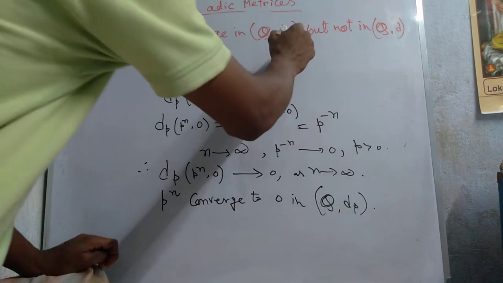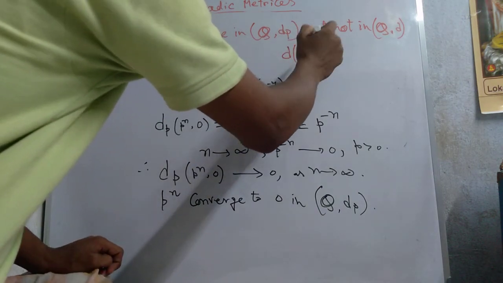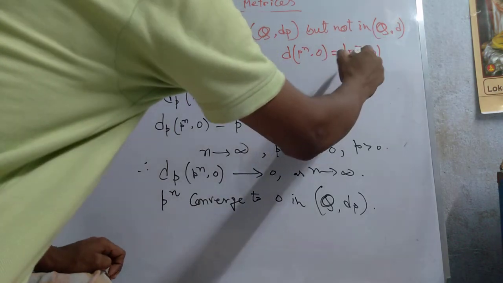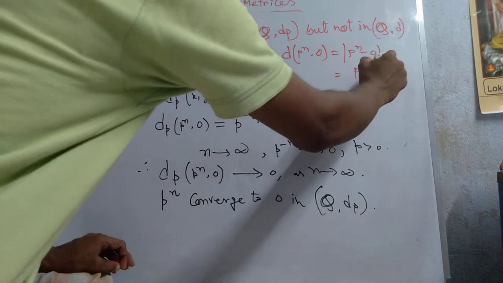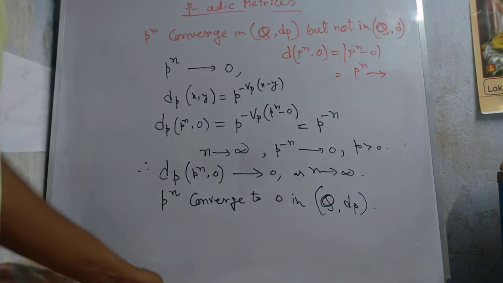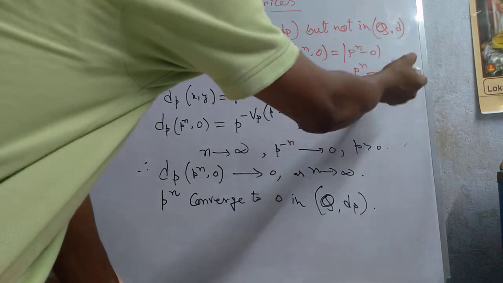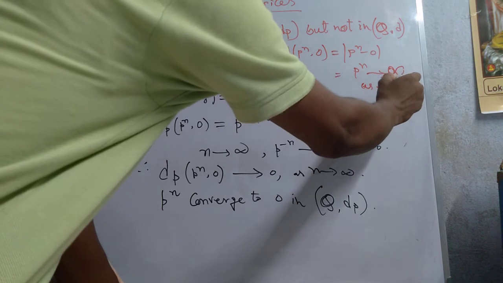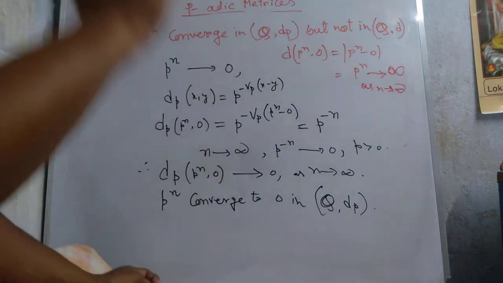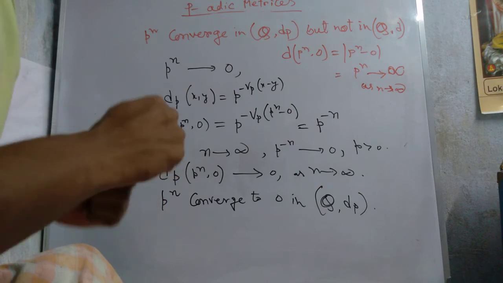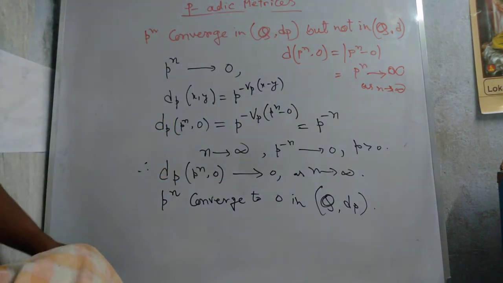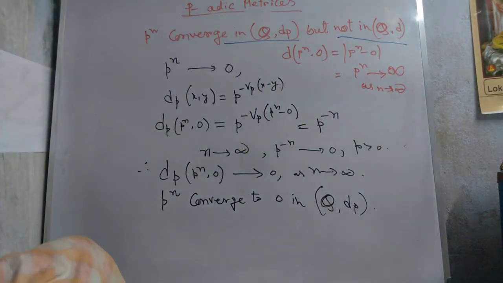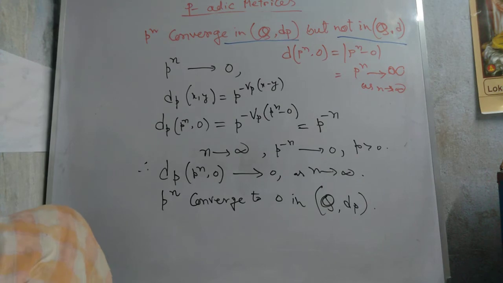Because d(p to the power n, 0) is p to the power n, which does not become less than epsilon or tend to 0; it tends to infinity as n tends to infinity. So p to the power n does not converge in (Q, d) but converges in (Q, d_p). This one is an important problem.